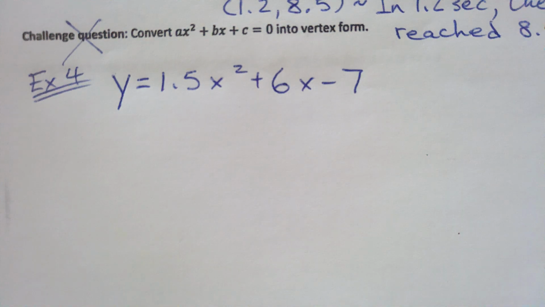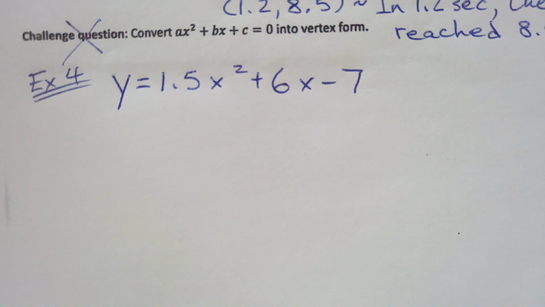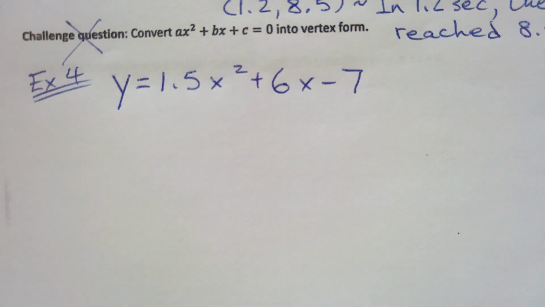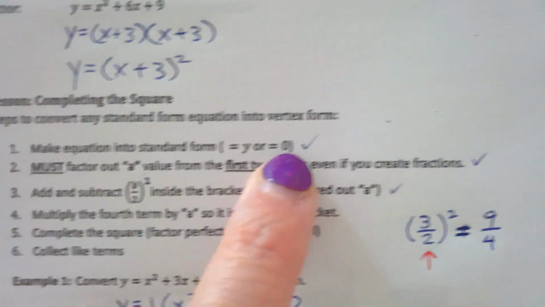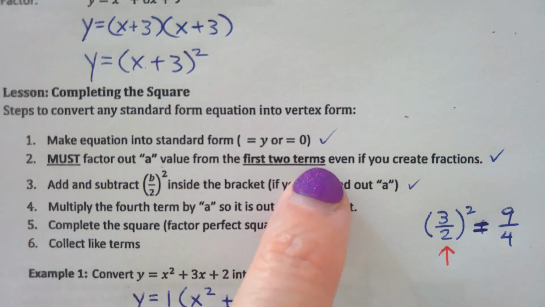Okay, so Rashan, is this in standard form? Is this in standard form? Yes, ax² + bx + c, yes, it is. So step 1, done. Step 2, you're going to factor out the a from the first two terms.